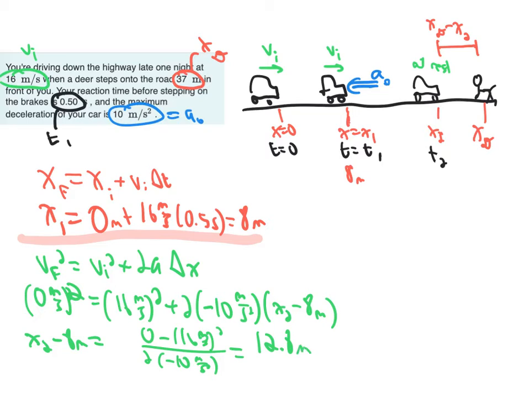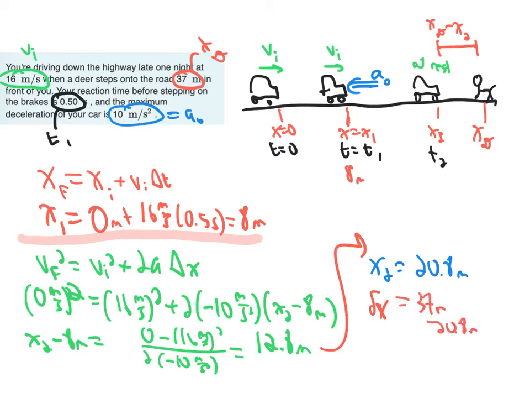Now that x2 is 20.8 meters, the thing I want, delta x, the distance, is 37 meters minus 20.8 meters, which is 16.2 meters of distance left.